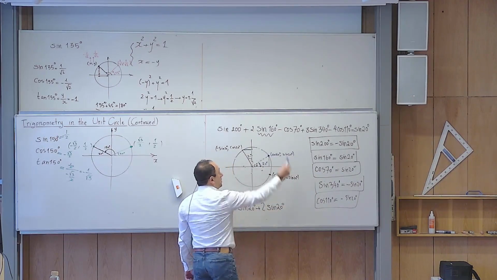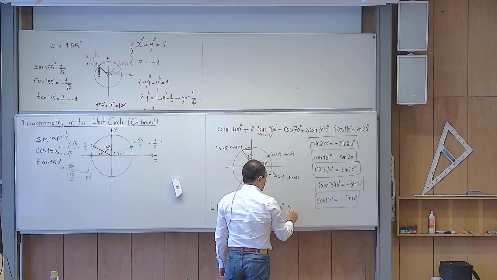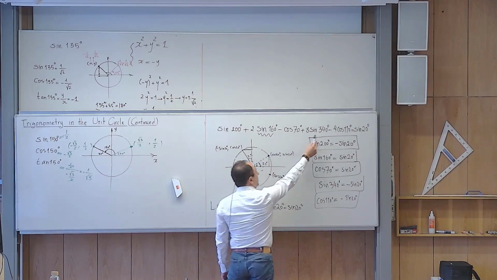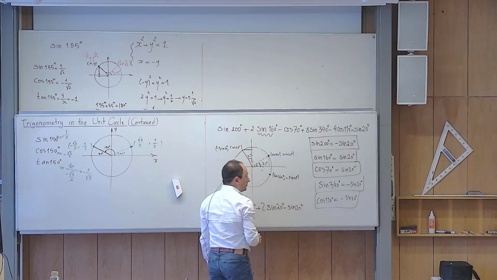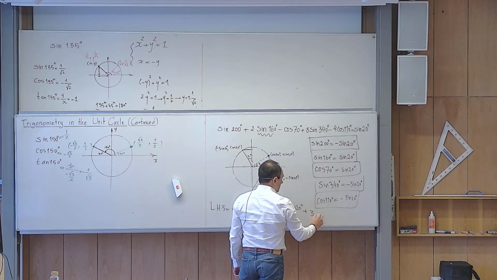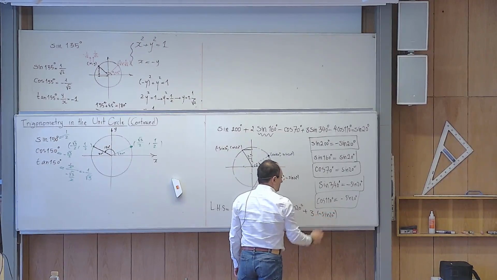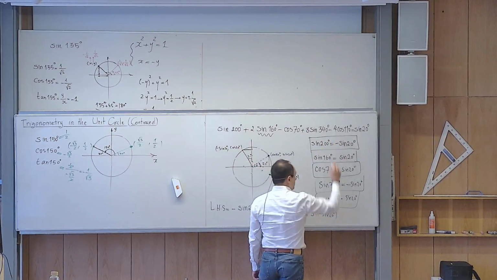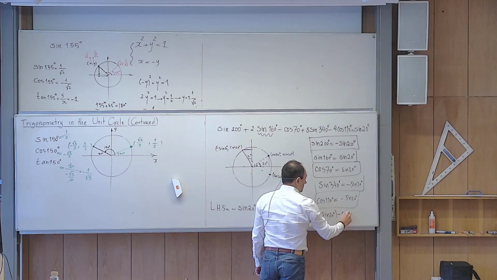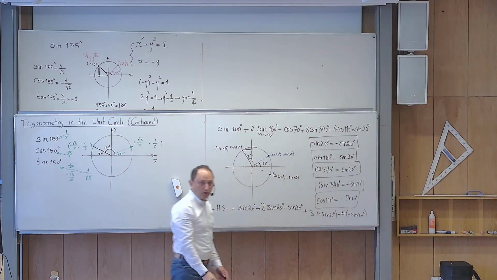Minus cosine of 70 degrees, which is minus sine of 20 degrees. Then 3 times sine of 340 degrees, so it becomes plus 3 times negative sine of 20 degrees. And finally, minus 4 times minus sine of 20 degrees. Yes? Are you with me or not?